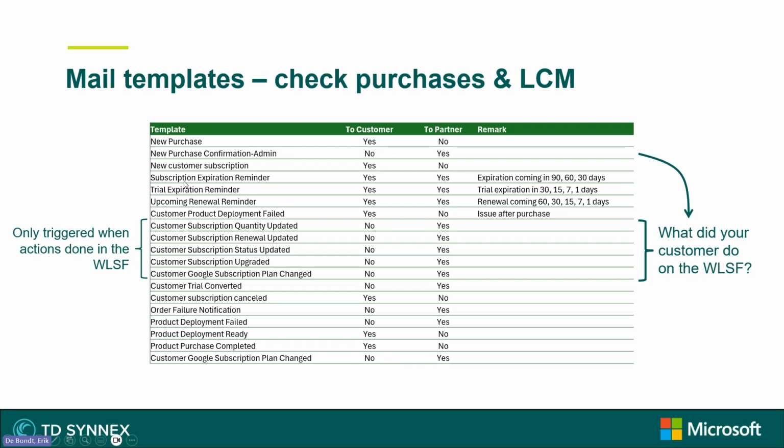You see also, for instance, for expiration reminders, they are coming in 90, 60, and 30 days before expiration. Renewal reminders, it's 60, 30, 15, 7, or 1 days before renewals are taking place. So that's basically how you can get those mails in.